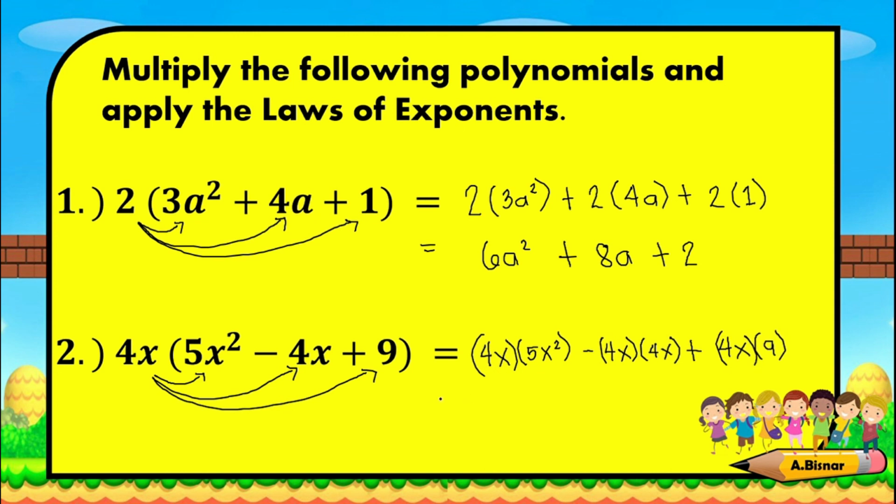So let's answer. 4x times 5x squared, the answer will be 20x cubed. Minus 4x times 4x, the answer will be 16x squared. And for the last term, 4x times 9, you have 36x.